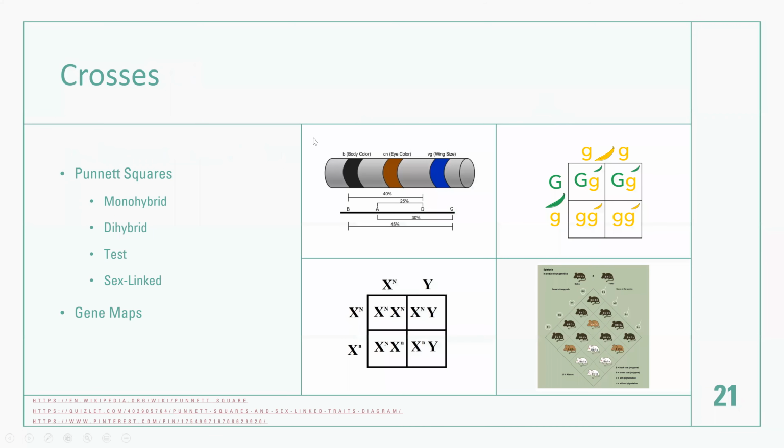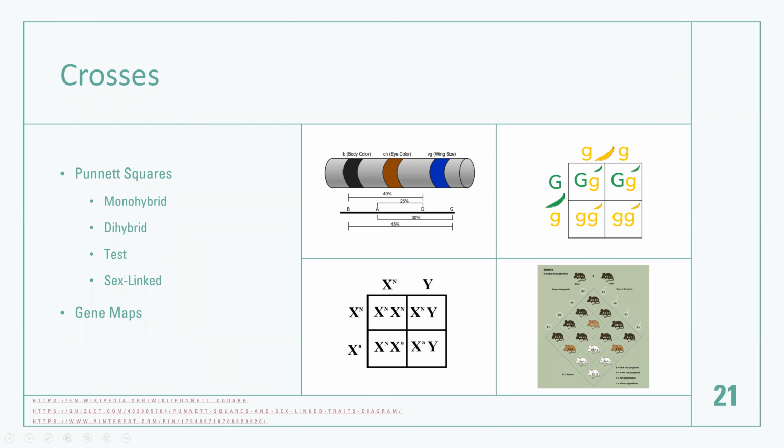Finally, we get to crosses, and this is really the meat of analysis for genetics, and that starts with things like Punnett squares. Punnett squares are basically a way to measure the genotypic and phenotypic ratios or chance in a certain cross or mating. So you have two generations.